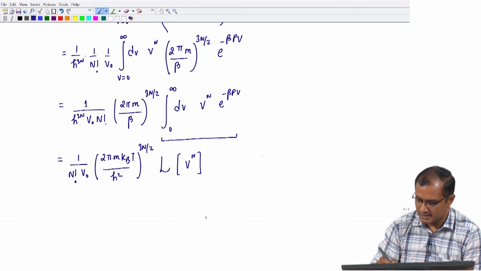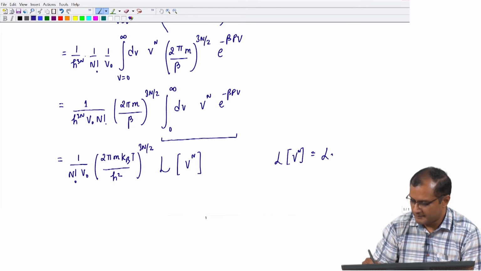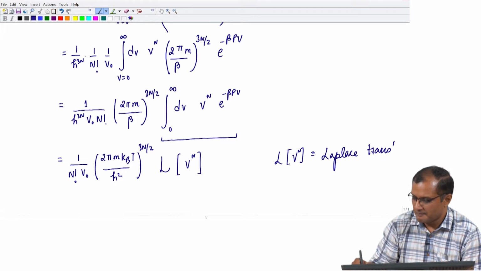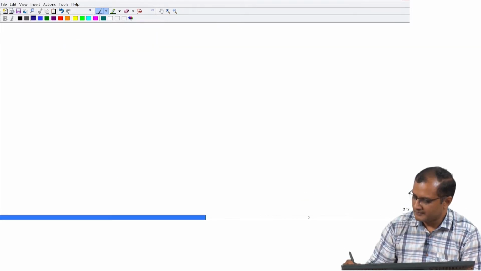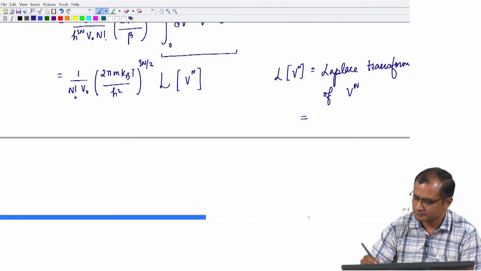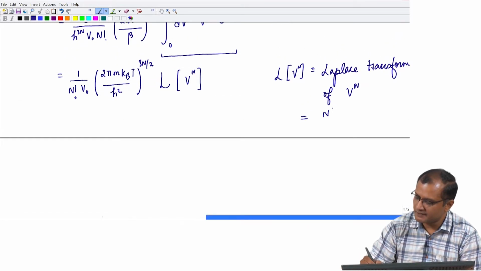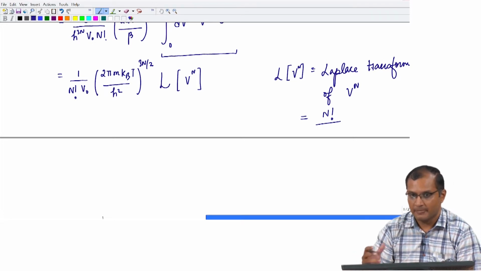So, this is called the Laplace transform of v to the power n, that we already know the result of, as n factorial over a to the power n plus 1.